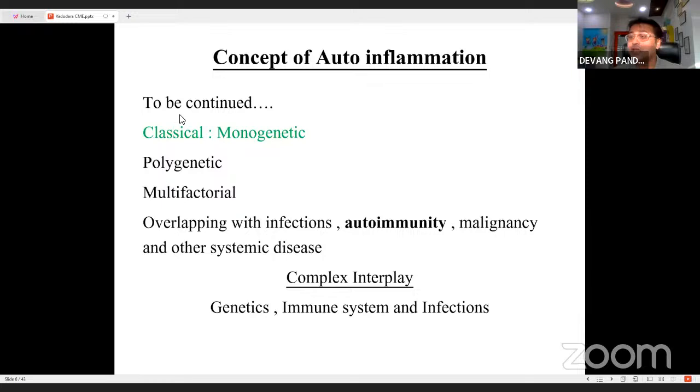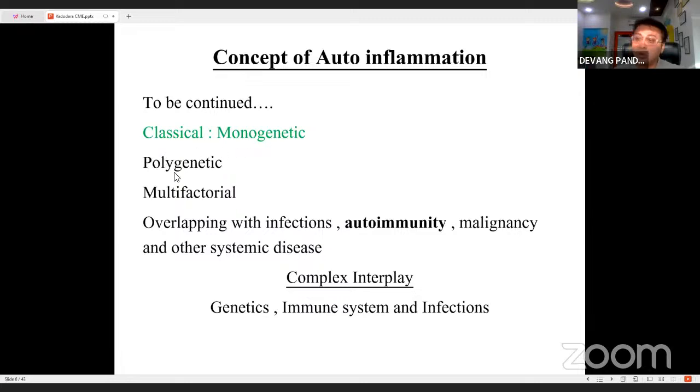First of all, it is still a developing phase. But if there is a single gene responsible for such diseases, then it is known as monogenic autoinflammatory disorder, which is the classical autoinflammatory disease, and which is the main center of attraction of our talk.